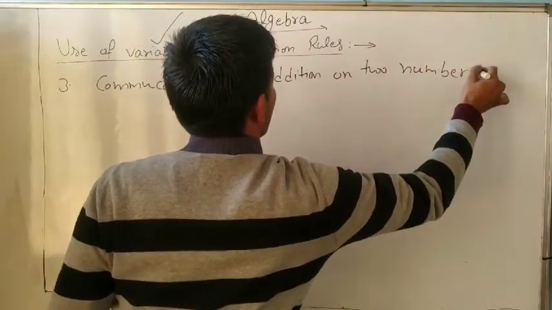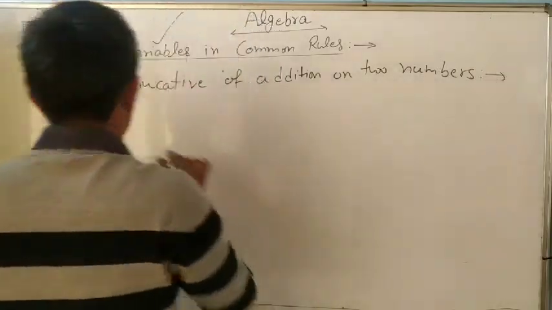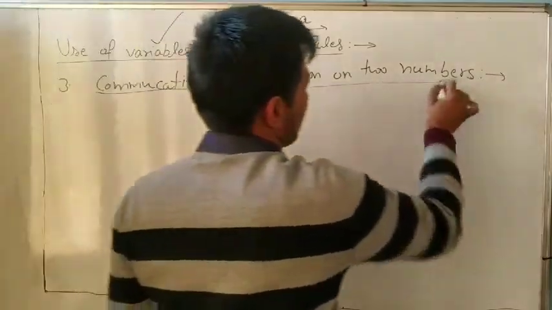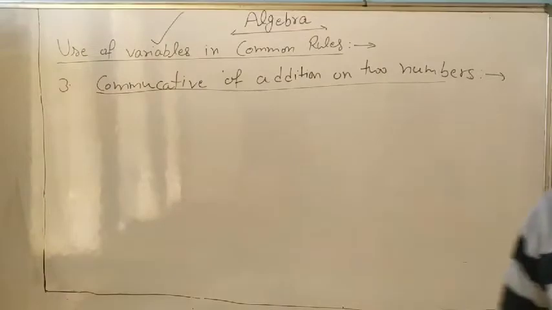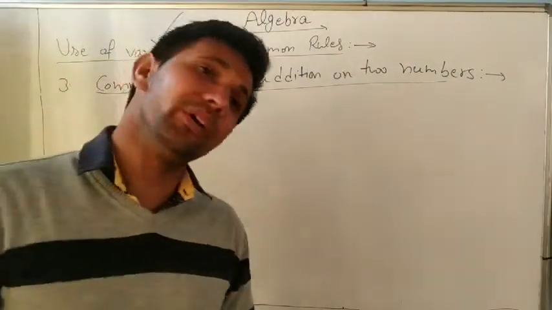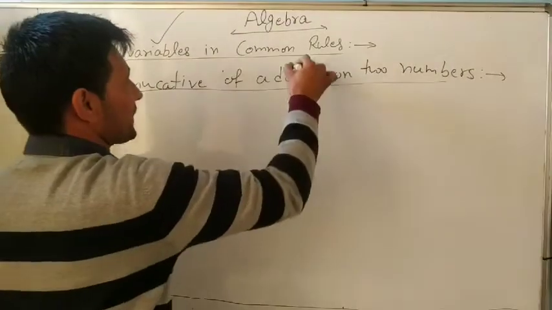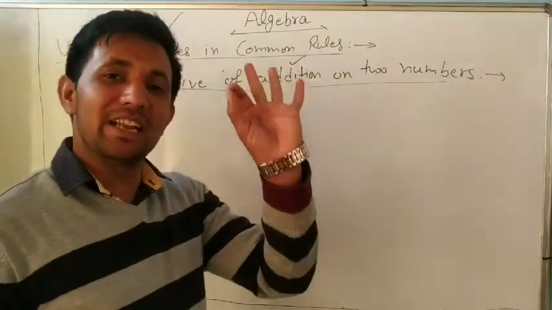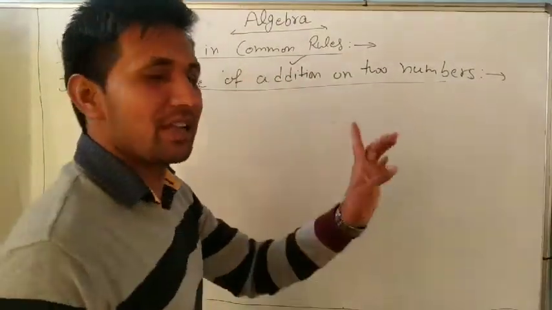What is commutative? Do you know? No one, I think. No one knows what commutative is. But if I write an example, you will say, sir, we know. Which operation are we taking? There are 4 operations: addition, subtraction, multiplication and division.